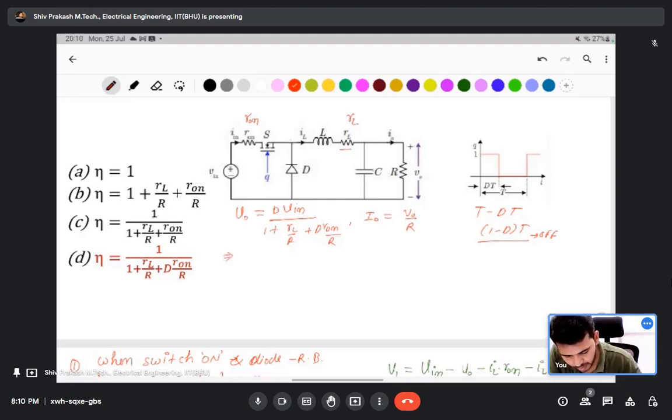To find the input current, take the ideal condition, where V naught is equal to D V in, then I in is equal to D I naught in the ideal condition.